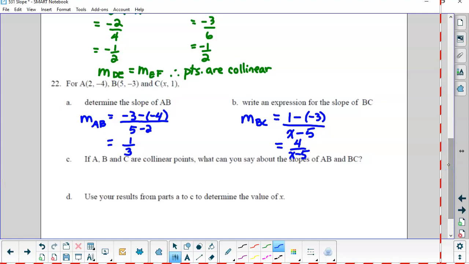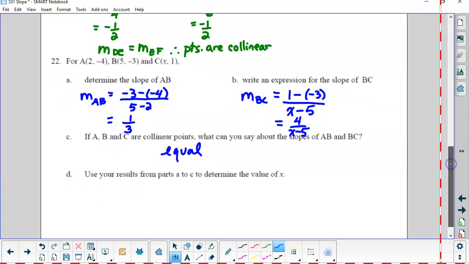And what can you say about the slopes of them? They are going to be equal. And so if they're equal, then we're going to solve that equation. Kind of helpful that we just finished, a couple weeks ago, the rational equations concepts.